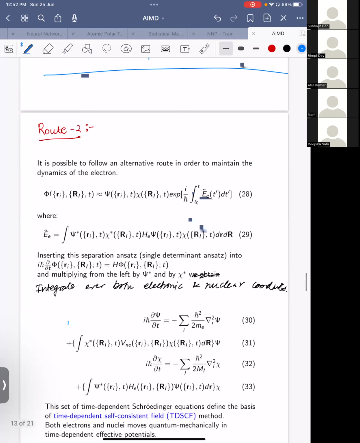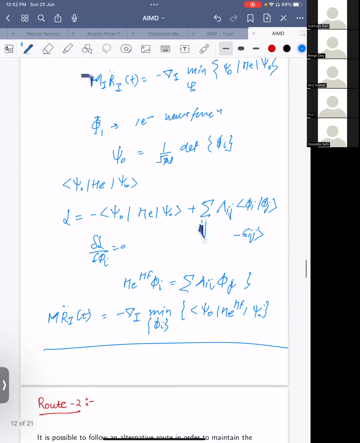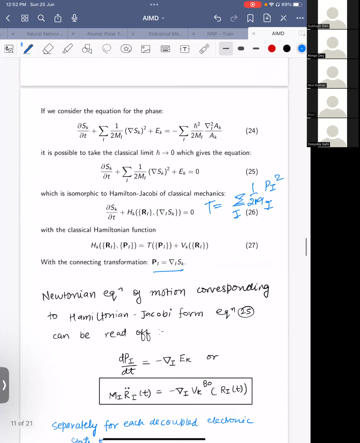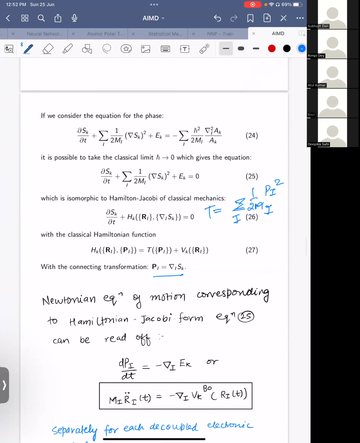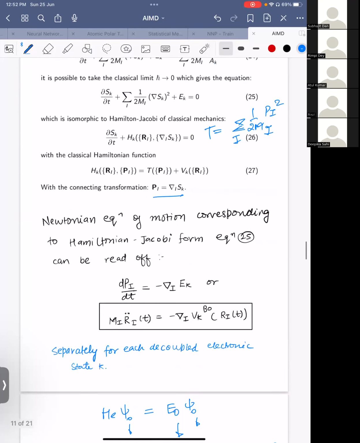So in the second method, Akshay, what is the main message of Born-Oppenheimer molecular dynamics? Leave all the equations, but just tell me the message.